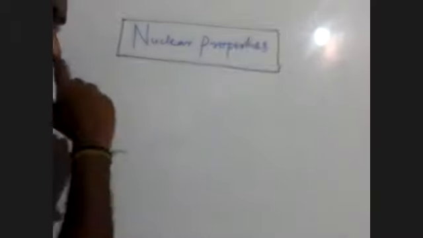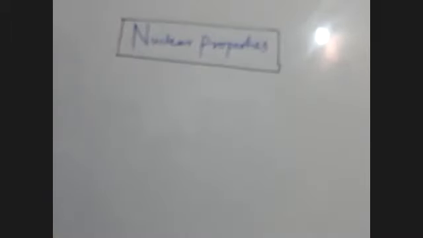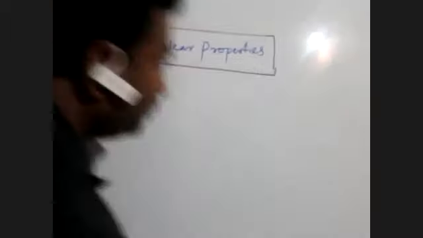After that, we discussed what one AMU is, how one AMU mass can be considered as 1.660565 × 10^-27 kg, and the mass of proton, neutron, and electron in terms of kgs and AMUs. Here, we'll discuss some nuclear properties.